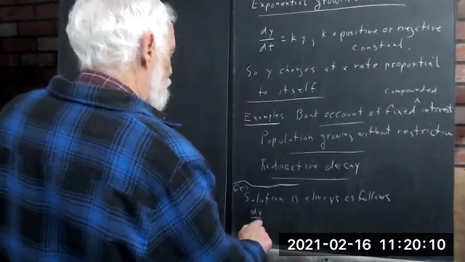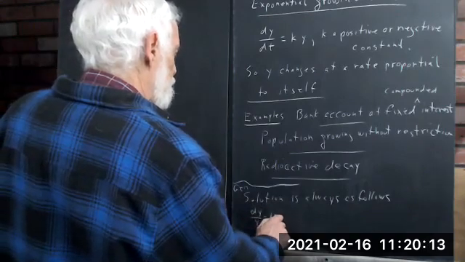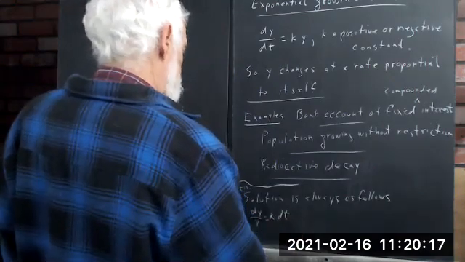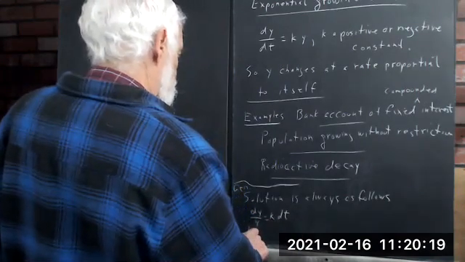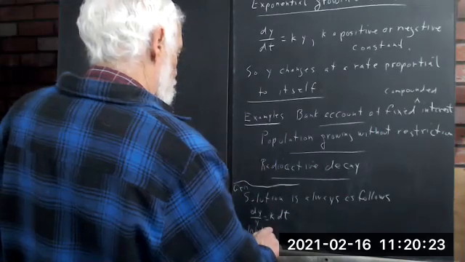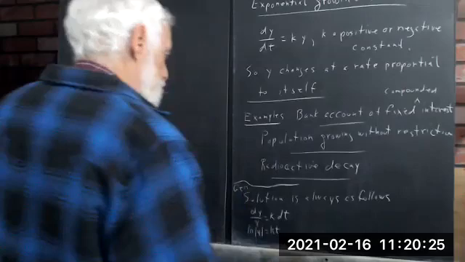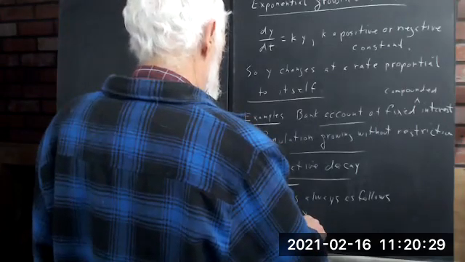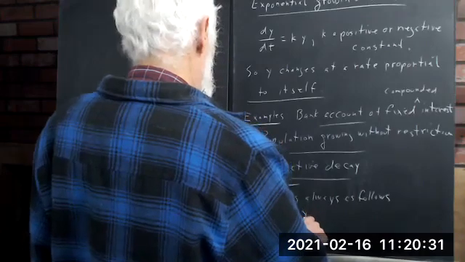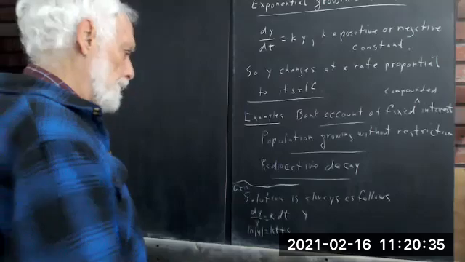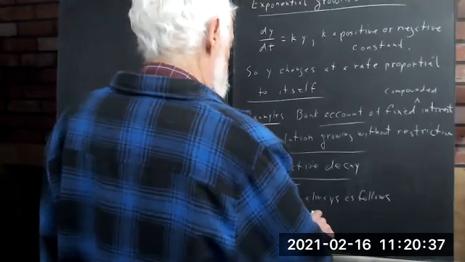You're going to get dy over y equals k dt, so that actually the absolute value of y equals kt plus your arbitrary constant. And we've been through this, so I'm not going to.